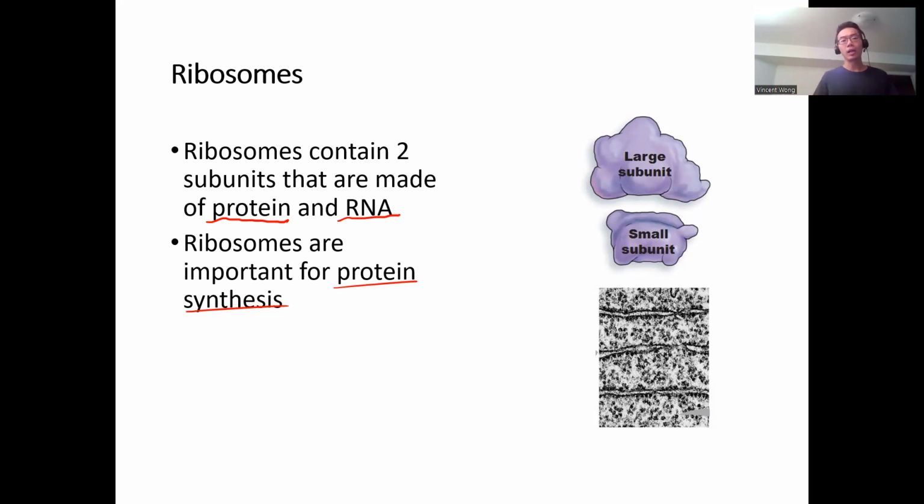There's rRNA, which is the kind that you find in the ribosome. In this picture, the black lines are the endoplasmic reticulum, and all these dots attached to it make it the rough ER. So that's the ribosome.